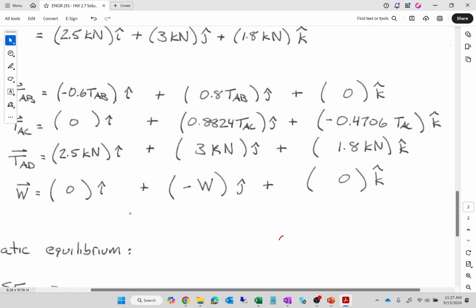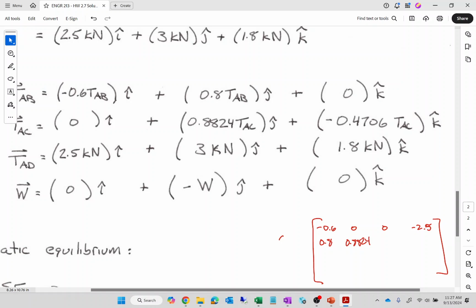It's going to be negative 0.6, 0, 0, negative 2.5. So there's going to be a lot of zeros when you plug it into the calculator. This one's going to be 0.8, 0.8824, and then 3 minus w. Yeah, there's just going to be a lot of zeros.